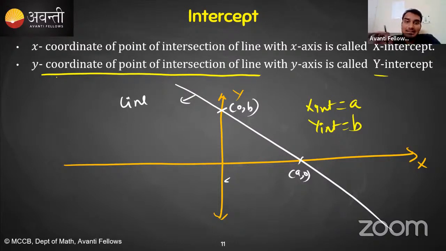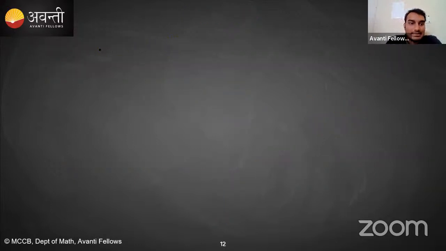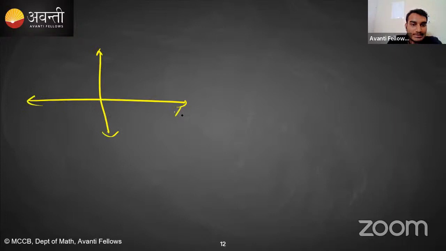Many students get confused whether the x intercept or y intercept will always be positive. No, it is clearly written here that the x intercept is the x coordinate of the point of intersection of the line with the x axis. Suppose this is a line on the coordinate axes x, y, intersecting my x axis at, let's say, (-2, 0), and my y axis at (0, 3).